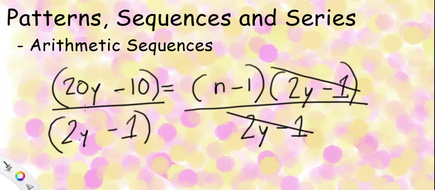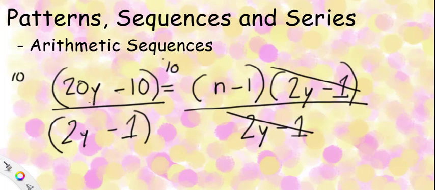So the terms, for example, that have y, I just look at them and I say, 20y divided by 2y, I get 10 at the end. Okay, so that's the one term that I get. If I say now negative 10 divided by negative 1, don't ignore the sign, then negative divided by negative is positive, and I get 10. So everything individually seems to divide and get you 10.